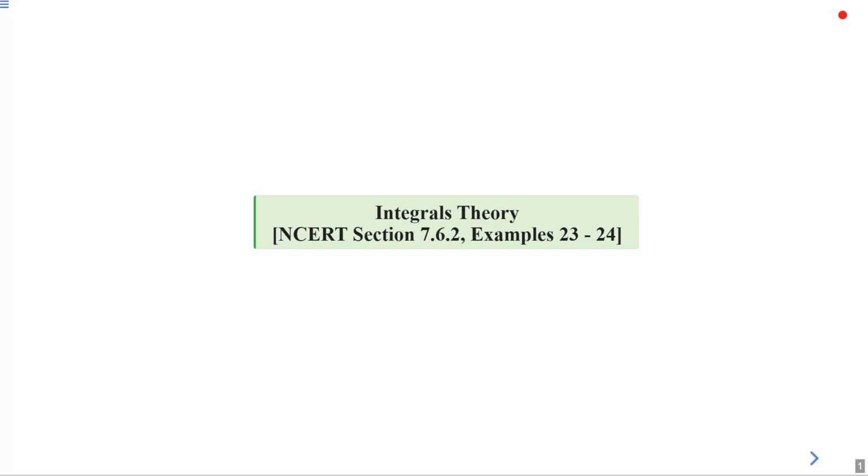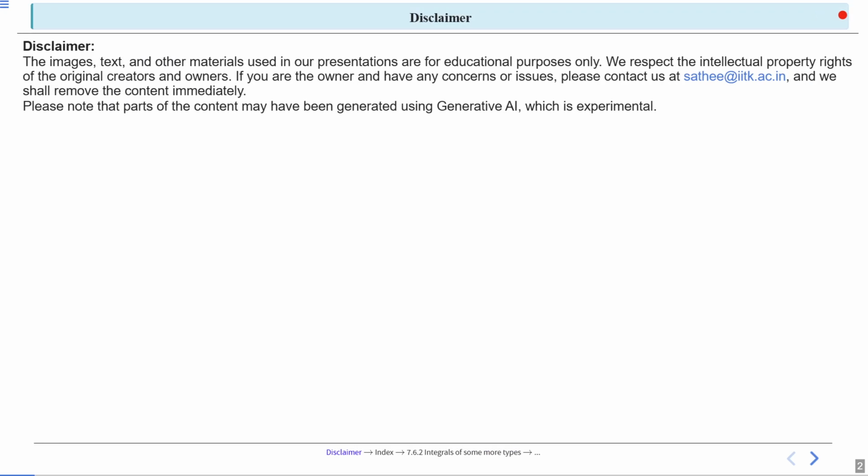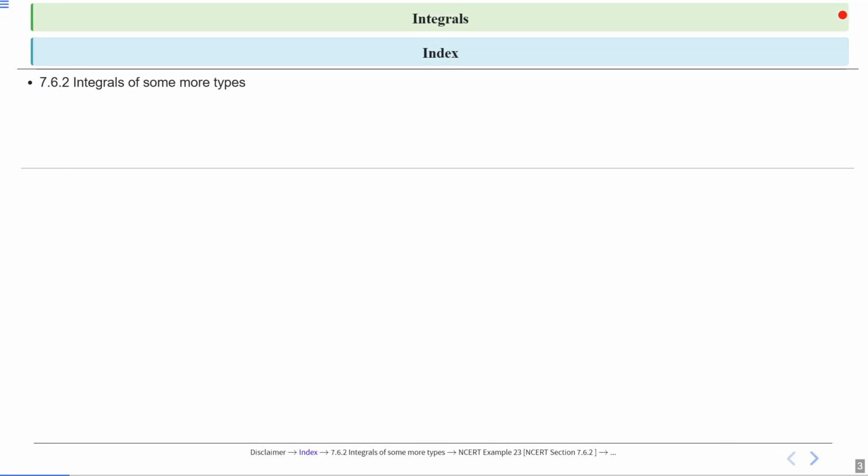Today we will see section 7.6.2 of integrals theory. So today we will integrate some special types of integrand.